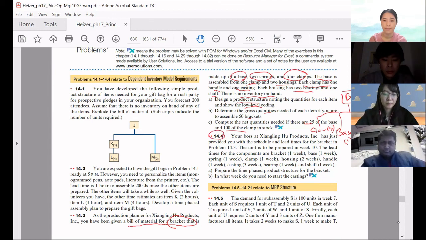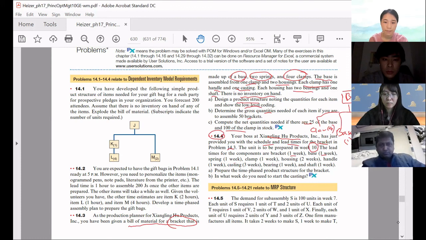And 14.4, continue. Your boss at Jiangling Hue Products has just provided you with the schedule and lead time for the bracket in problem 14.3. The unit is to be prepared in week 10. The lead time for component bracket is 1 week, base 1 week, spring 1 week.